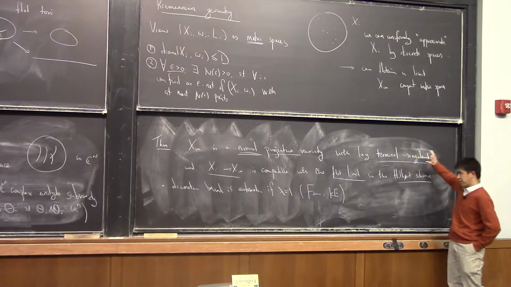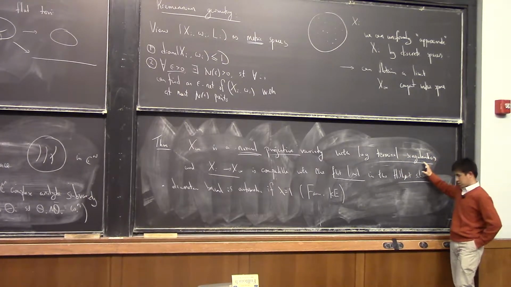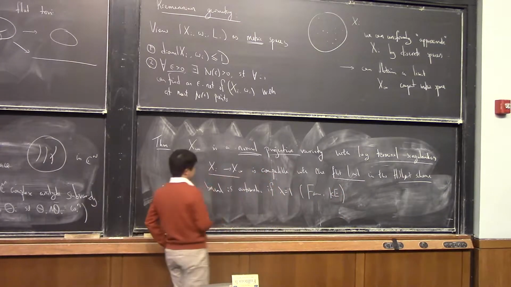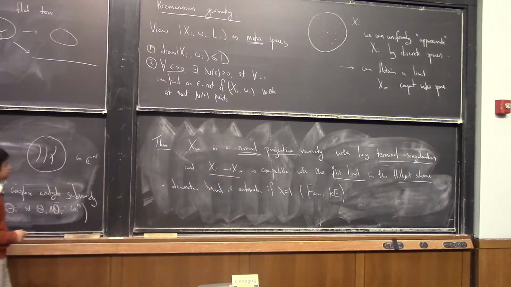If you have a flat family over a punctured disk, and the central fiber is Calabi-Yau with log terminal singularities, then the diameter is bounded for the family of smooth Calabi-Yau manifolds on the general fiber, and vice versa.